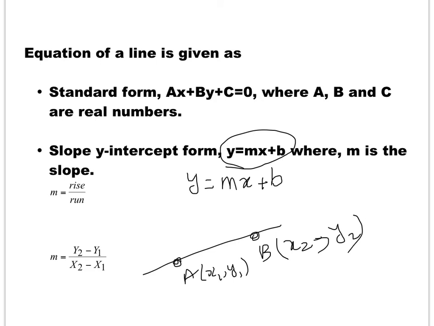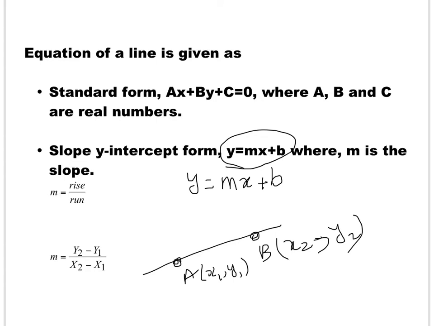Now, there are cases where you will see just the graph of a line, with no points given. Then on the graph, you have to pick 2 points, find the coordinates, and use this formula to find the slope of the line. Now, the next parameter in the equation is b, which is called the y-intercept.